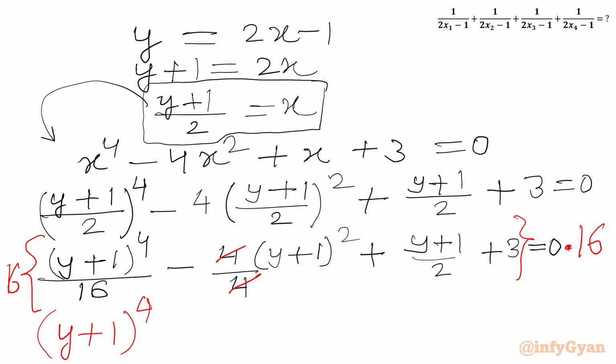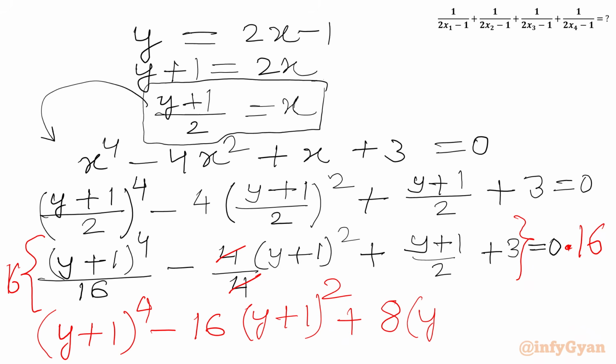So 16 times y plus 1 whole square. 16 over 2 will be 8, so 8 times y plus 1. And then we have 16 times 3, 48. RHS will be 0.